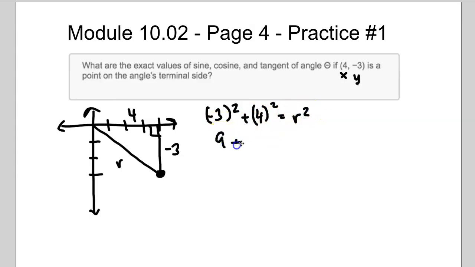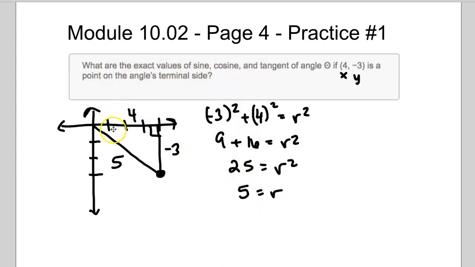We get 9 plus 16 is equal to the radius squared. 25 is the radius squared. If you take the square root of 25, we get a radius of 5. Again, the radius is always positive, so now we know for a fact that this is a positive value of 5. So we've got our radius, and now we are ready to find the sine, cosine, and tangent.